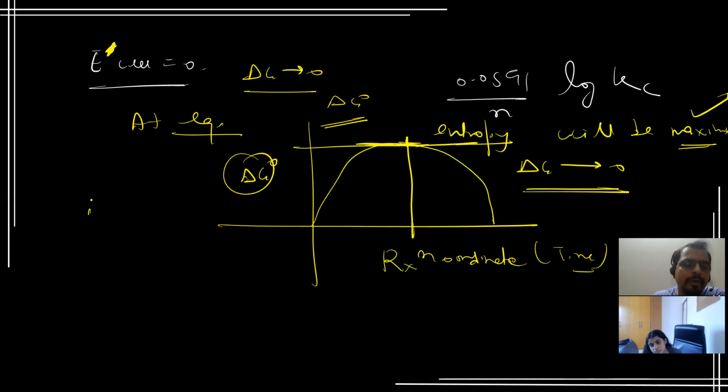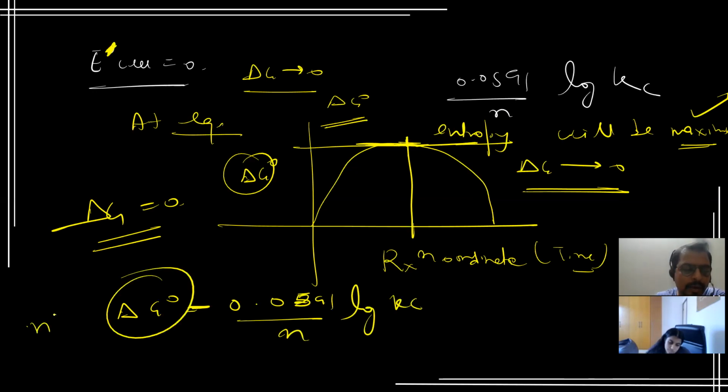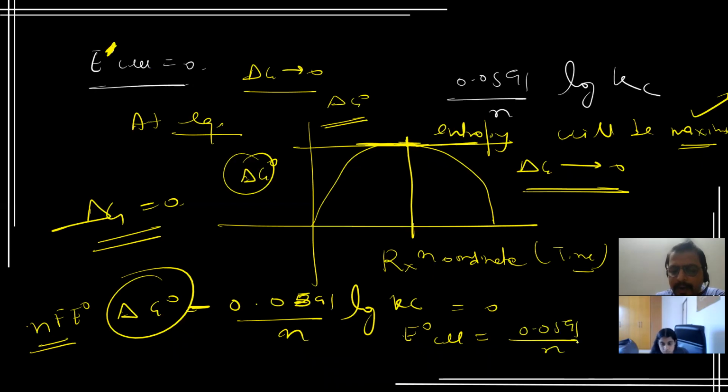So what you need to do is put delta G as 0. Delta G naught is equal to NF E naught, that is what we have got, and it is equal to 0.0591 upon n log Kc. From here, E naught cell is equal to 0.0591 upon n log Kc.